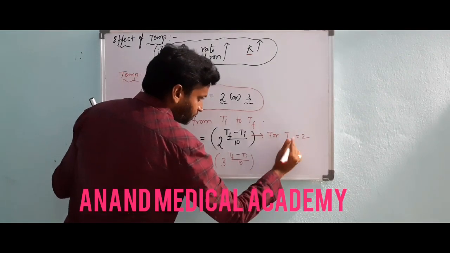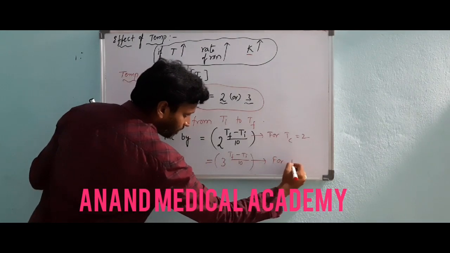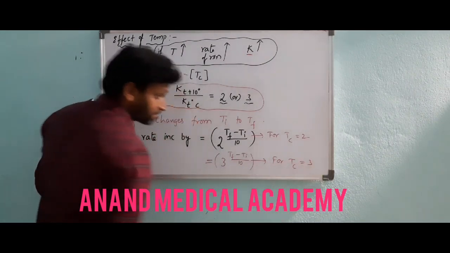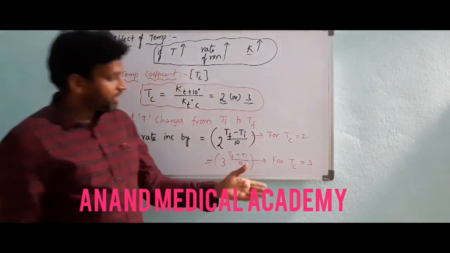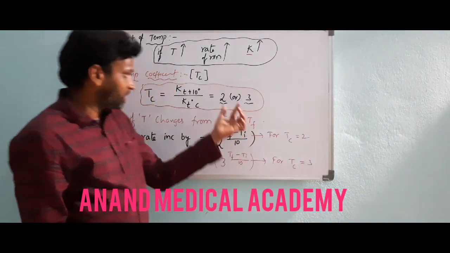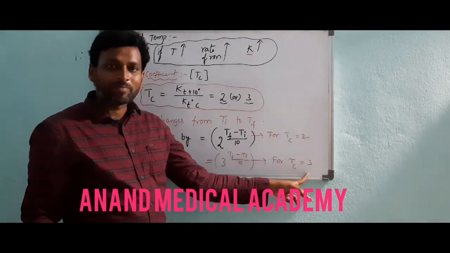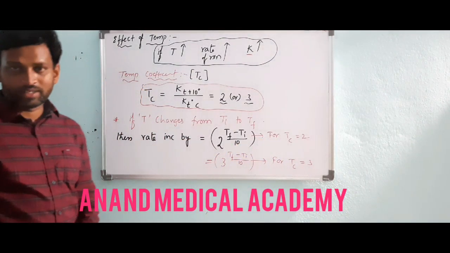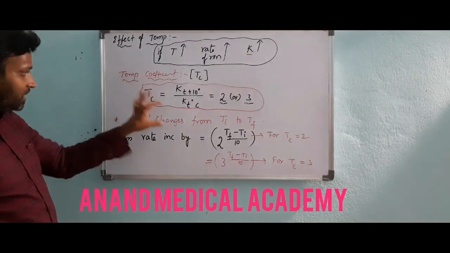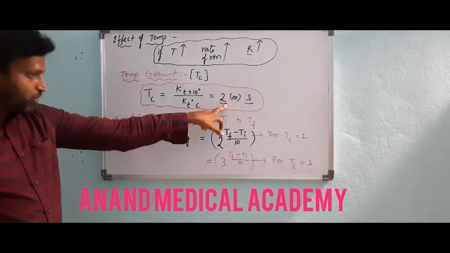This is the formula for temperature coefficient 3. Sir, only 2 or 3? Anything else? Yes, like 2.5 is also possible, between 2 and 3 is also possible sometimes. But they will provide, because all these temperature coefficients are experimentally determined. For any reaction in general, it will be maximum 2.